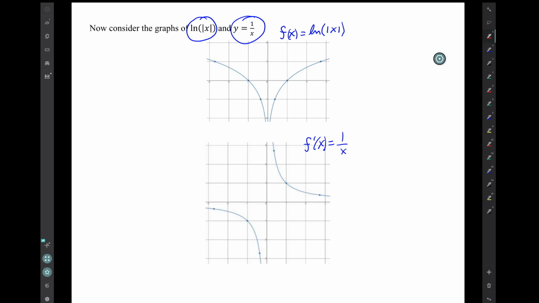You start by imagining tangent lines drawn on the graph of little f of x, and you find their slope. And those numbers that are the slopes of those tangent lines on the graph of f are the same as the numbers that are the y values on the graph of f prime.